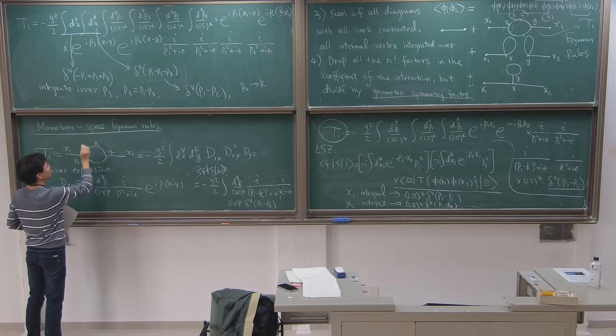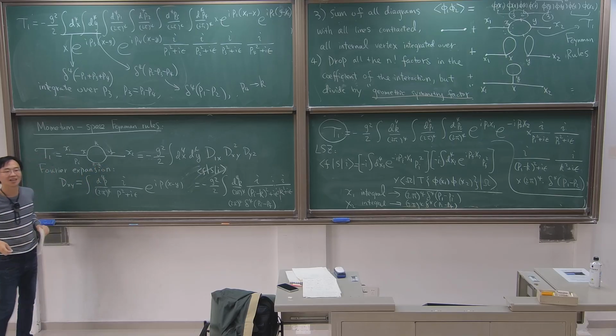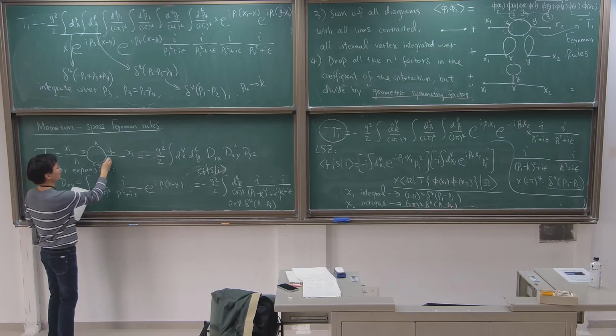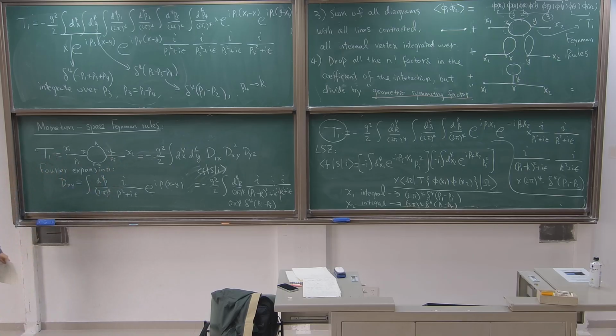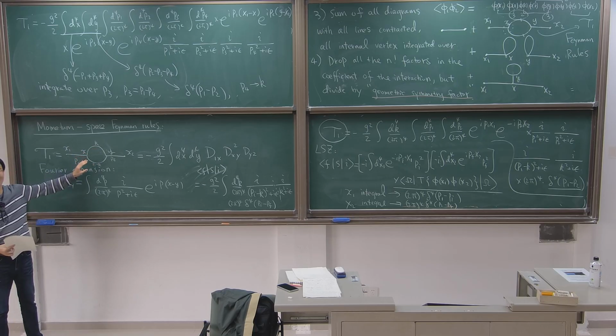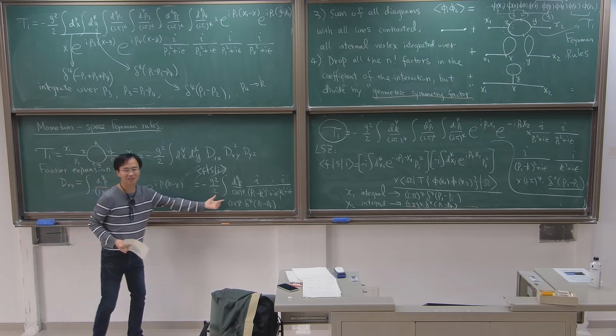If this one is k, then the other will be Pi minus k. Now they meet together. Since Pi equals Pf, it doesn't matter if you look at Pi or Pf. So you can associate this momentum with this diagram and then understand this result.